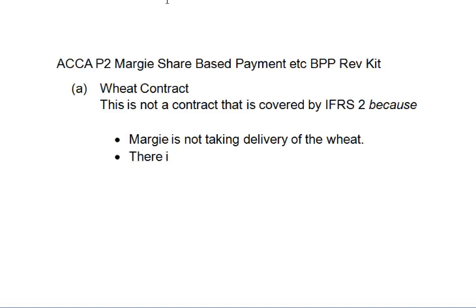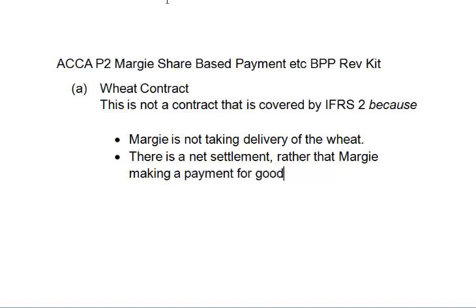Secondly, there is a net settlement rather than Margie making a payment for goods or services. So remember, the title of IFRS 2 is share-based payment. Well, we're not actually going to have a share-based payment. Here we've got some form of swap.